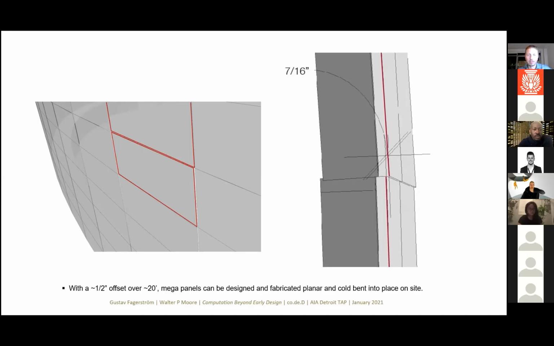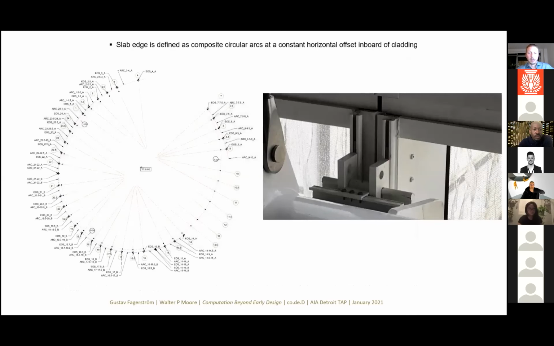We didn't know that at the time, but thankfully the client believed us when we said that this is not appreciable at the scale that it happens, which obviously saves a massive amount of money compared to fabricating these actually curved. Similarly, because there's a bunch of stuff, as you see on the right-hand side here, that needs to go between structure and skin, there's an offset that needs to be respected for where the slab edges occur.